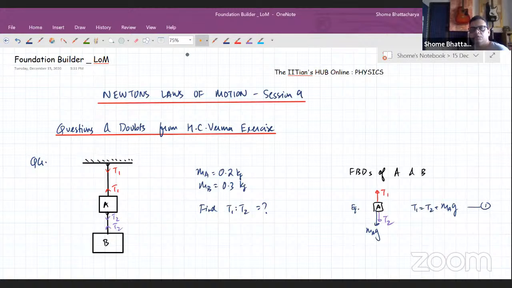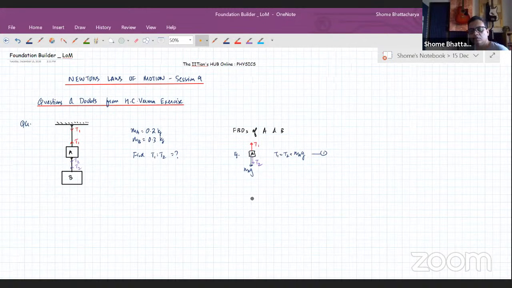Okay. And similarly, if you make the free body diagram of the block B, you can see that there are only two forces acting on it. Tension T2 and weight. This is also in equilibrium. So T2 is equal to weight of this. Okay.